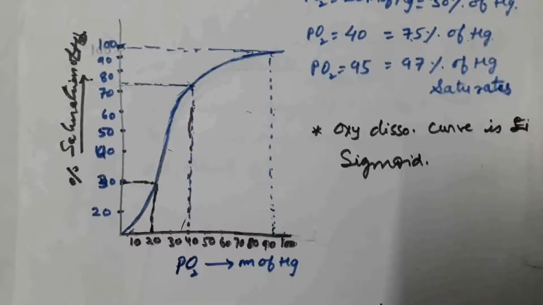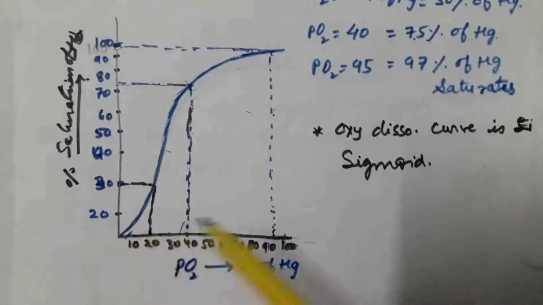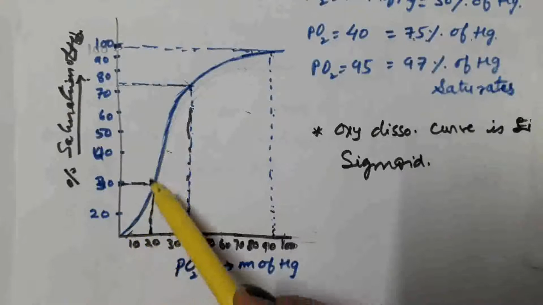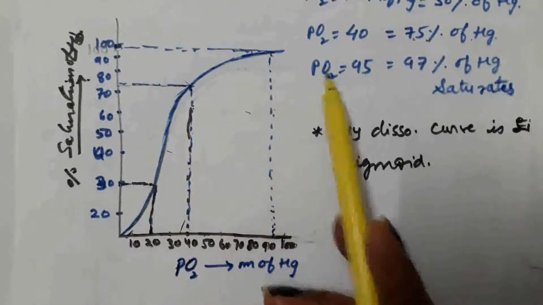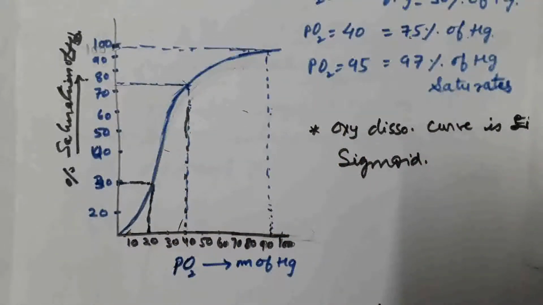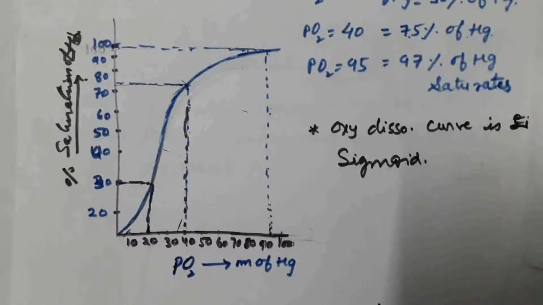As the concentration or partial pressure of CO2 increases, this oxygen dissociation curve bends towards the right. It means the oxyhemoglobin complex dissociates. Saturation of hemoglobin decreases when CO2 concentration increases. This is known as the Bohr's effect.